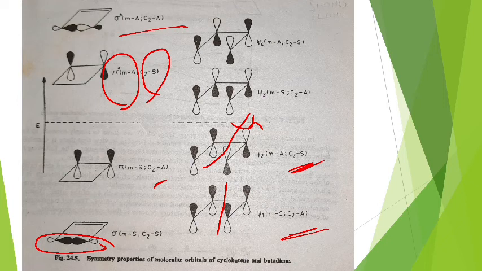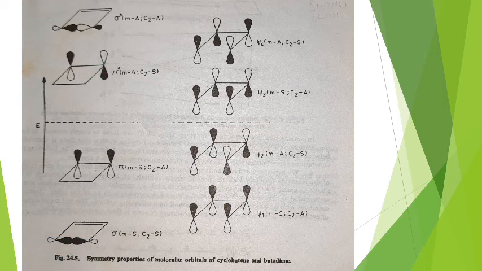The psi3 orbital is symmetric with respect to mirror plane but anti-symmetric with respect to C2 axis, and the psi4 orbital of butadiene is symmetric with C2 axis, anti-symmetric with respect to mirror plane.